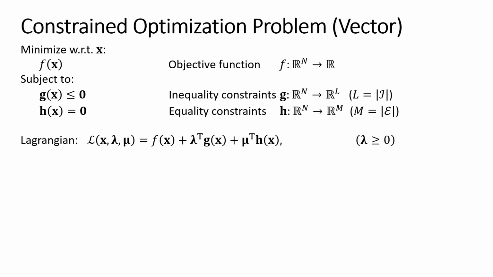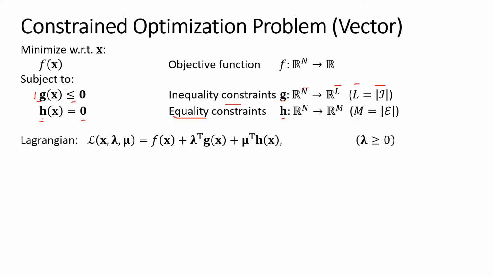The constraint optimization problem can be expressed more concisely using vector functions. So g of x is less than or equal to 0, where this g is a vector function of inequality constraints, which is a mapping from n dimensions to L dimensions, where L is the cardinality of the set of inequality constraints. Likewise, h of x is equal to 0, where h contains all the equality constraints.